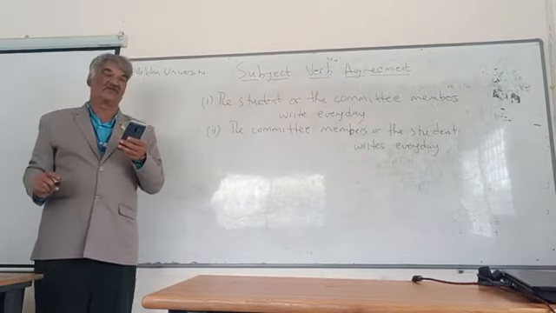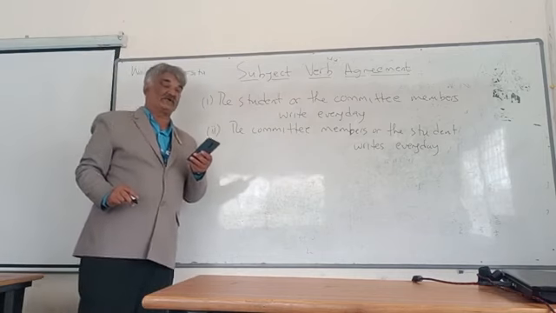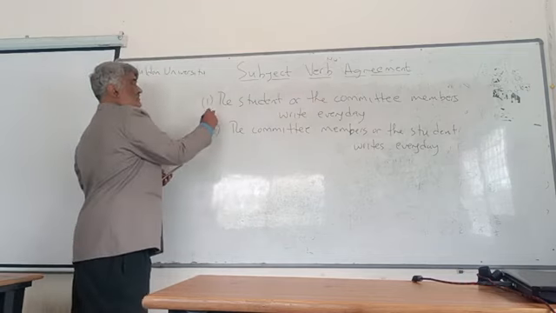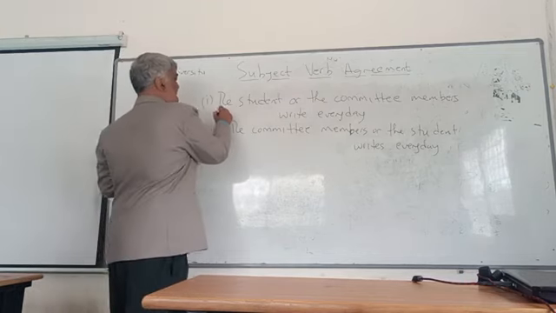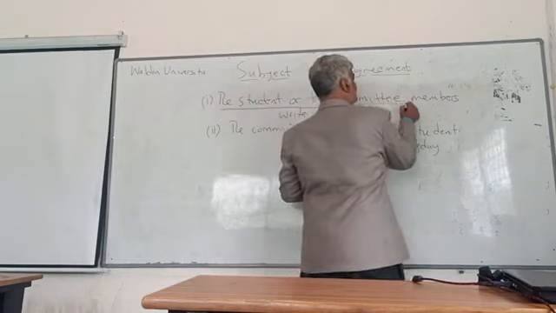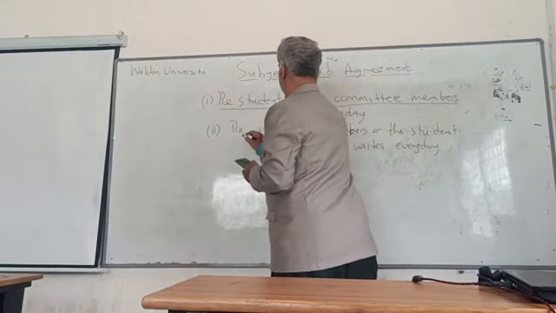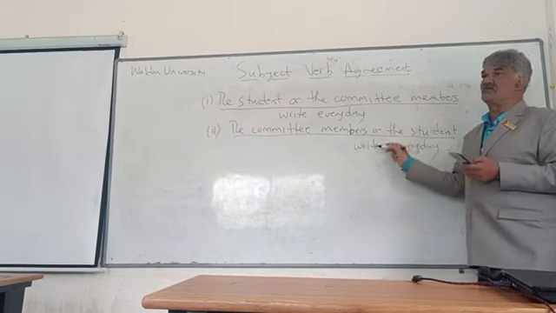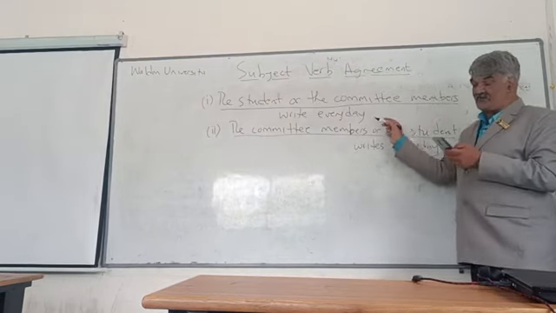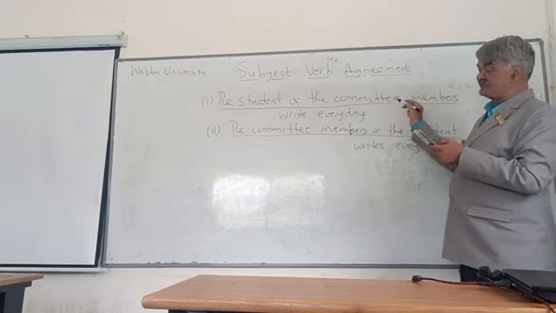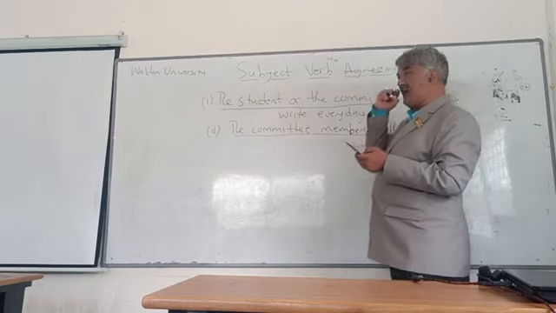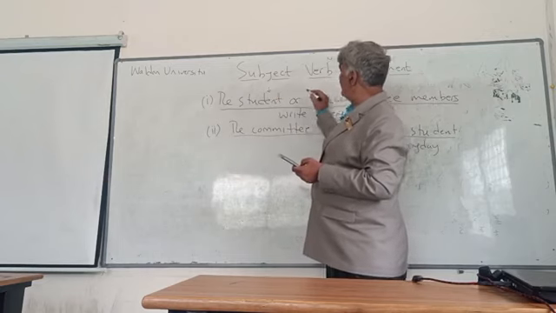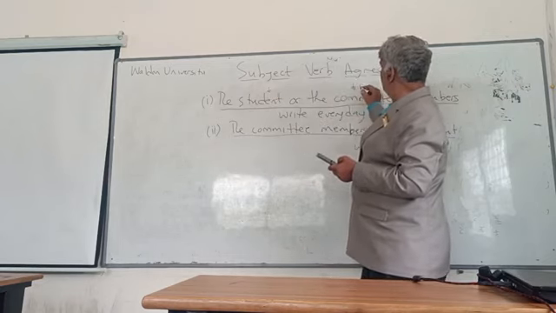Now read the rule again. When a compound subject contains both a singular and a plural noun. Now this is called a compound subject. I'll underline the compound subject in both the sentences. These are the compound subjects. Now see, in this sentence, this is a singular noun and this is the plural noun.